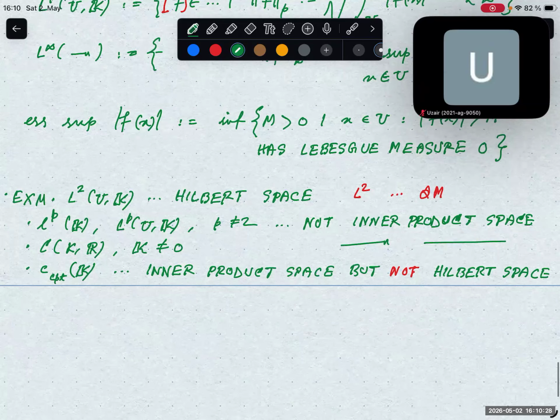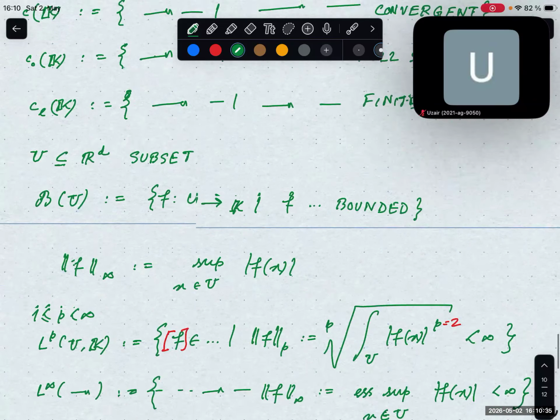By the way, compact here means that the support of the functions is compact. Maybe I should introduce it somewhere here.